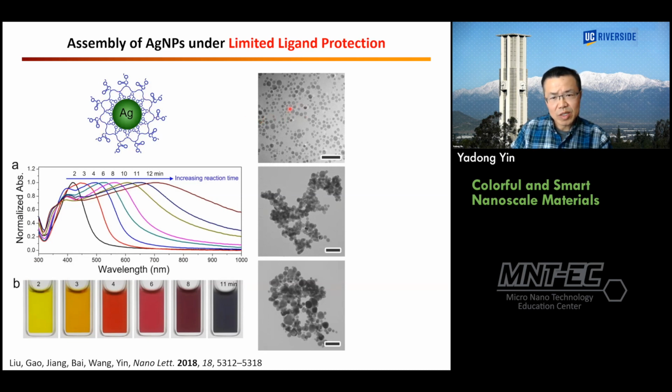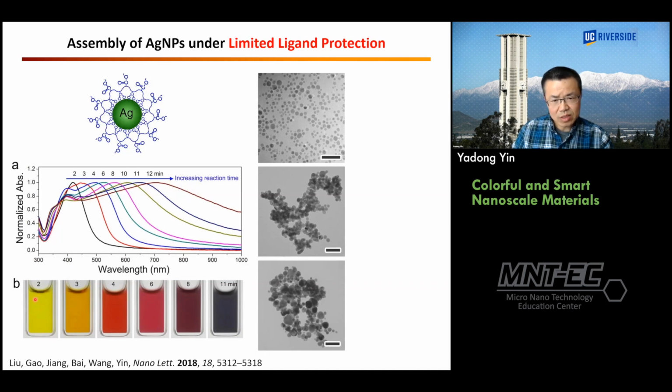Normally we add a lot of these capping ligands. We make these isolated particles in solution, they disperse very well. But later we realized that if we reduce the amount of the ligands, the particles wouldn't be stable in water, and then they start to aggregate. By controlling the aggregation process, we can control the optical property or the color as well.